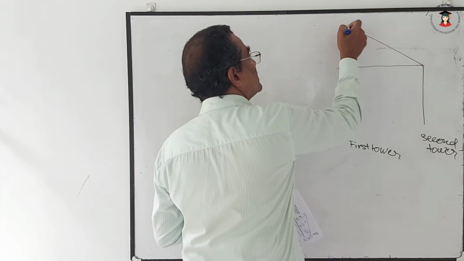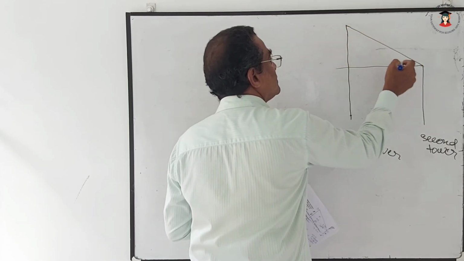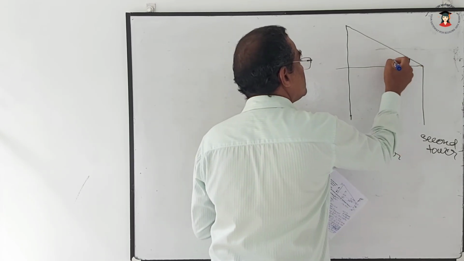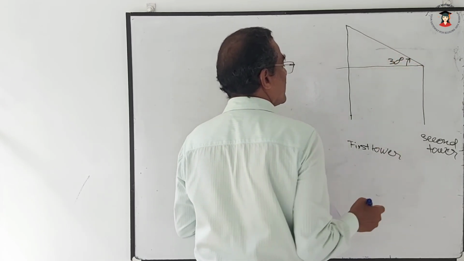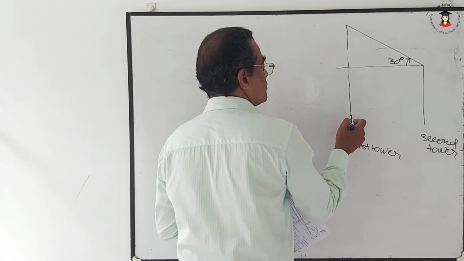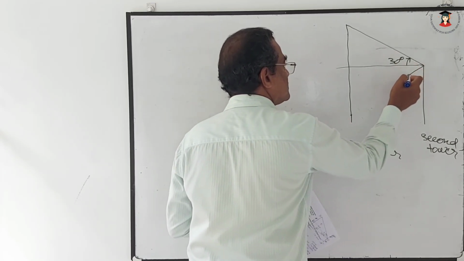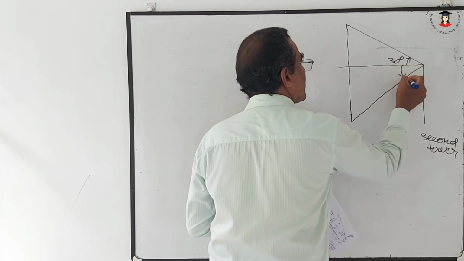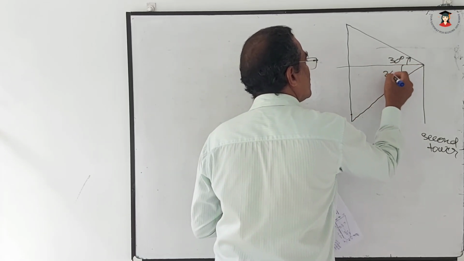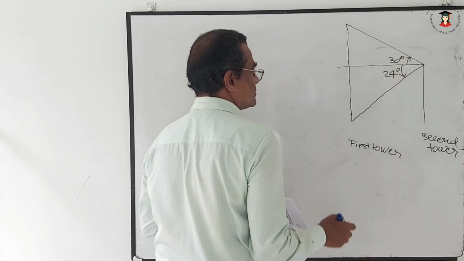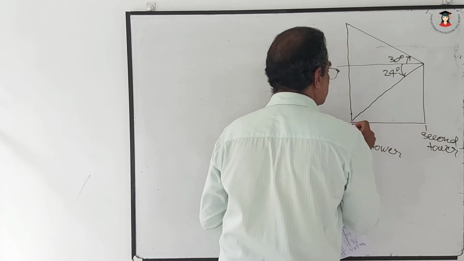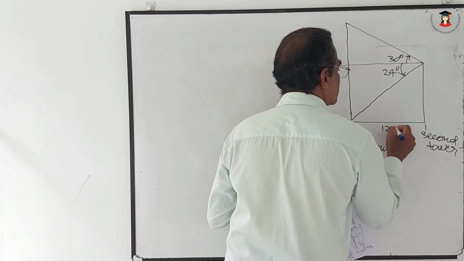And the angle of elevation is 30 degree. And when the bottom is observed, we get an angle of depression of 24 degree. And both these towers are at a distance of 120 meter apart.